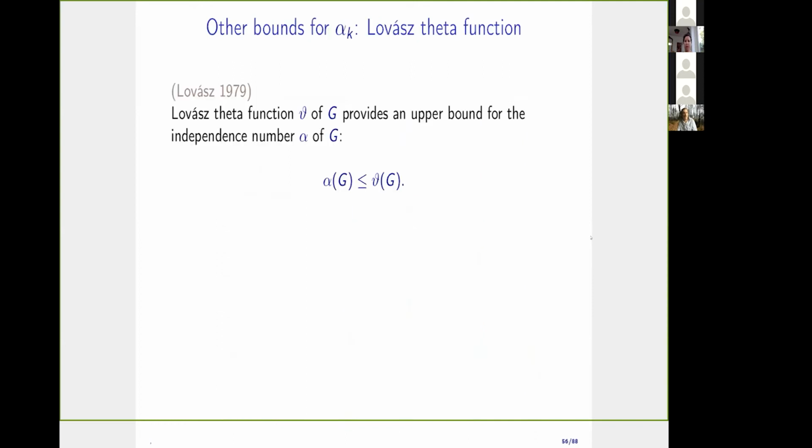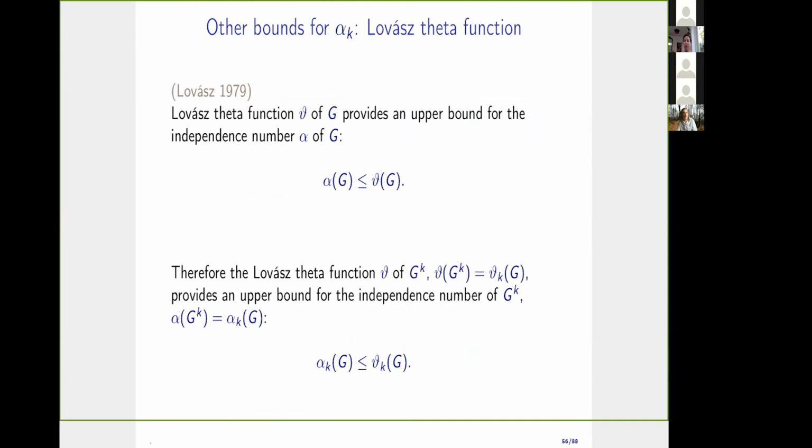So let me now explain why I'm comparing with the Lovász theta function bound. The Lovász theta function is known to provide an upper bound for the classical independence number of a graph. And because, as I told you, the k-independence number is just the independence number of the power graph, the theta number of the power graph, theta_k, is the corresponding bound for alpha_k. So theta_k upper bounds our alpha_k.